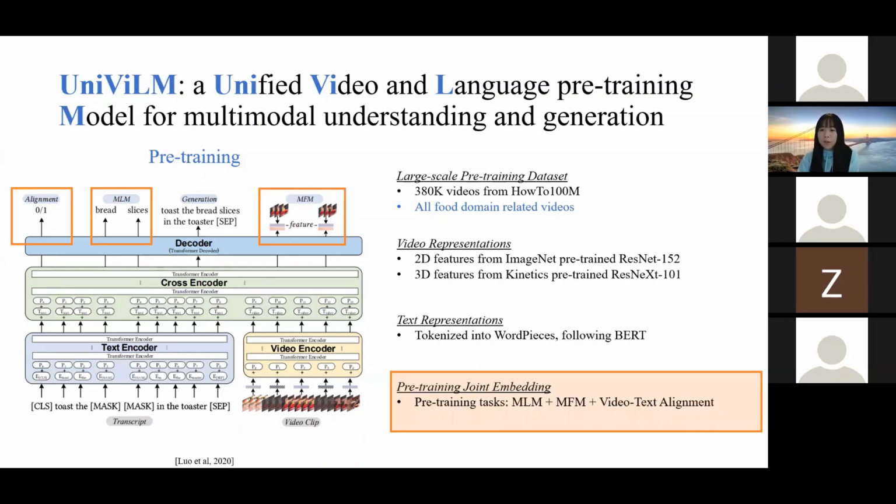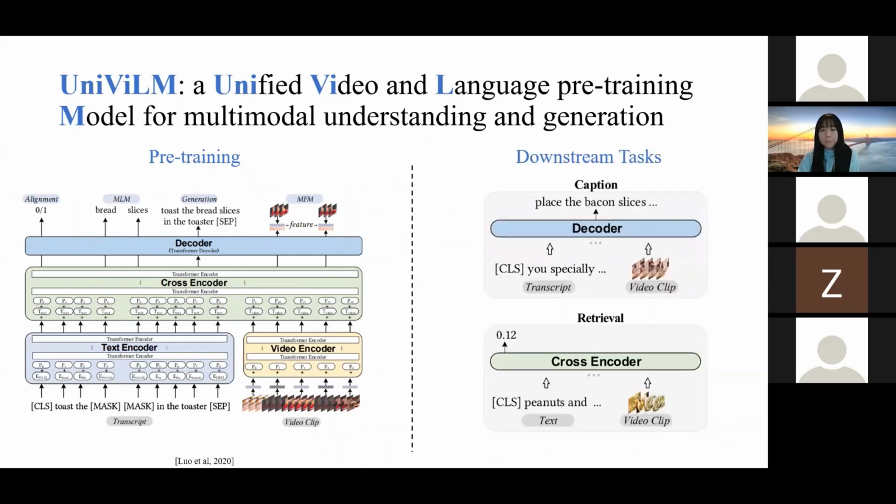Secondly, Uni-ViLM adopts a different pre-training paradigm with three pre-training tasks: MLM, MFM, and video text alignment. There are two downstream tasks considered during evaluation: captioning for video text generation and retrieval for video text understanding.